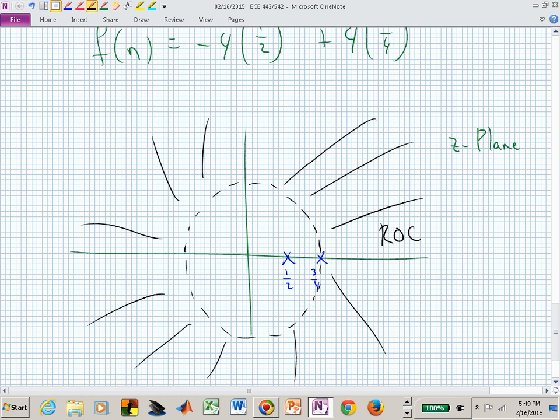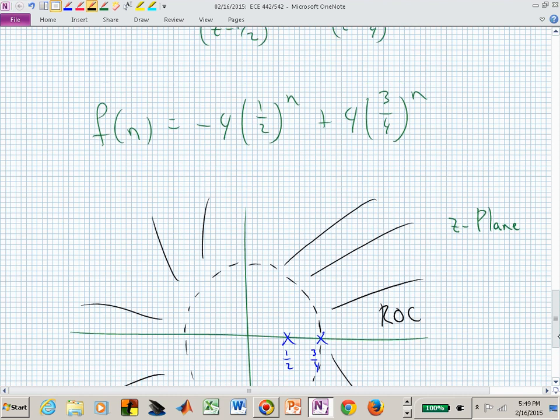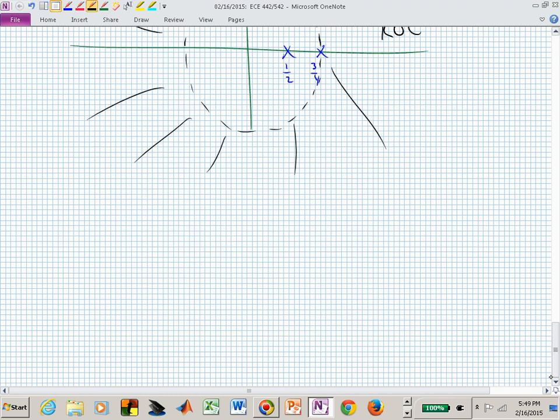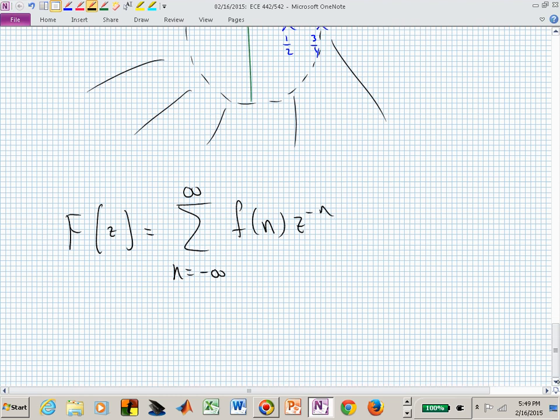Now, how does that give me the values for little n when this expression is valid for little f of n? That we can deduce. If we don't have it memorized, we can go back and say, okay, capital F of z, we were told it existed, and by definition, that's this sum from n equals minus infinity to infinity of little f of n, z to the minus n.